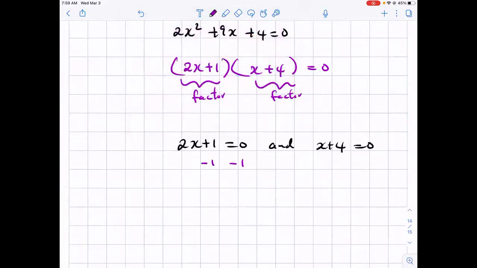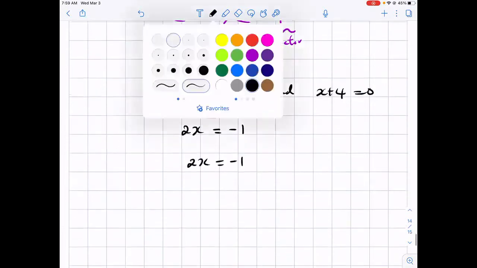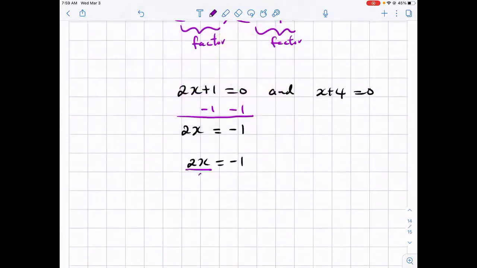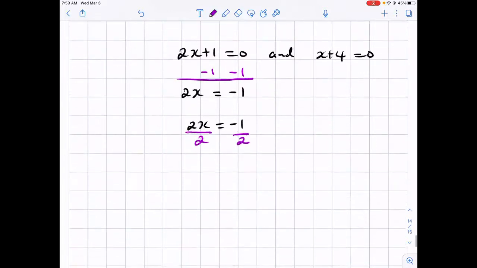So we minus 1 in this case, and that will leave me with 2x is equal to negative 1. Then we divide both sides by 2, and we have x is equal to negative 1/2. Remember, you should check the answer.